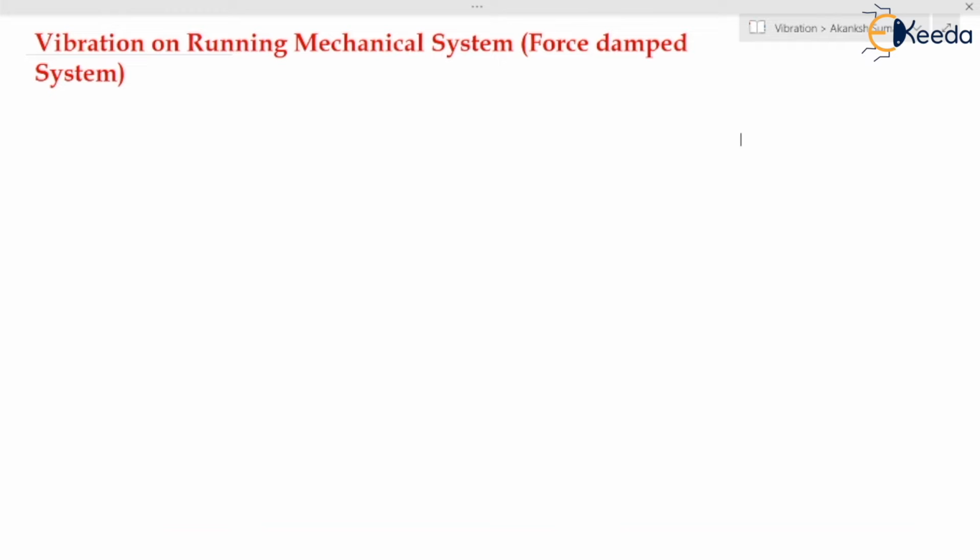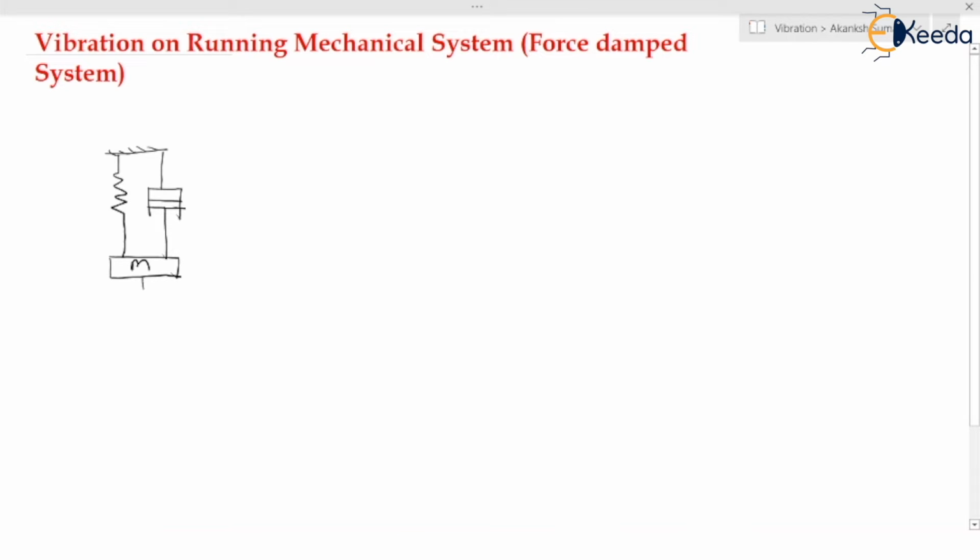So in this mechanical system, I'm going to consider a spring, and there is a damped system that is represented by the symbol, and there is a mass that is going to be attached with this system. Okay, so this is basically a running mechanical system.